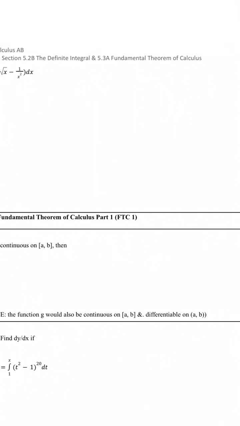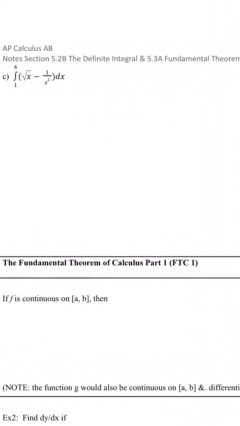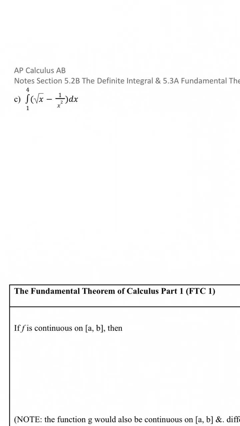All right. So this next one, we need to find the antiderivative. I'm going to write this as x to the 1/2 minus x to the -2, because we know about the power property of antiderivatives. So I'm going to add 1, which is 2 over 2, and divide by 3/2. And here I'm going to add 1 and divide by -1. Let's clean that up.